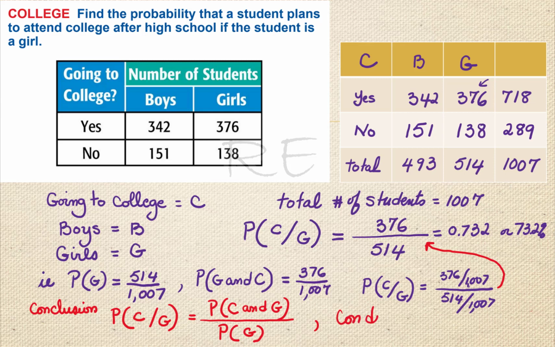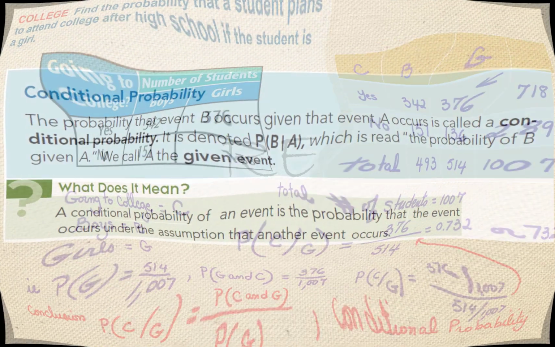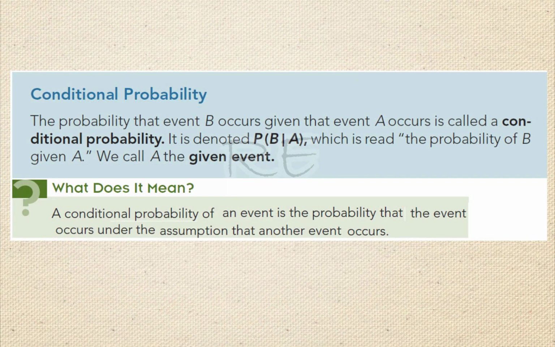And this is called a conditional probability. The probability that B occurs given that A occurs is called a conditional probability. It is read P of B given A.